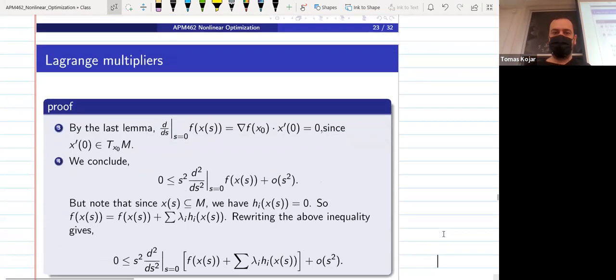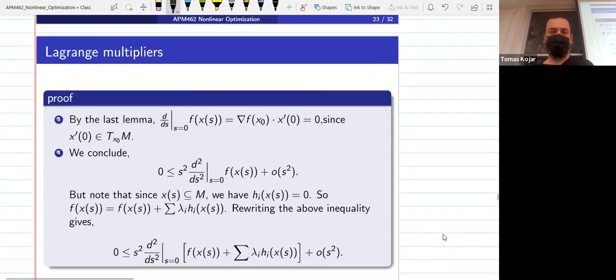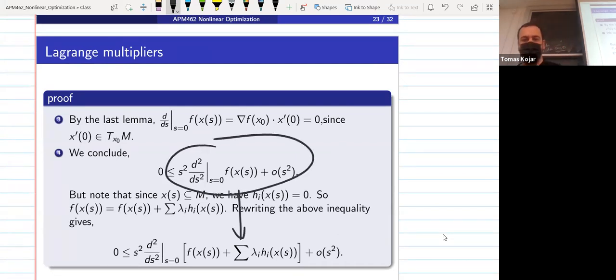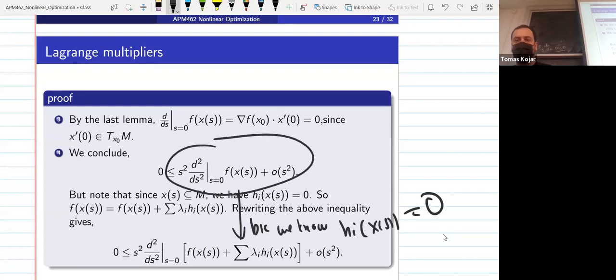We plug it in the function, so we go from here to here because we know that h_i of x of s is 0. This is just a computational trick to make our life easy in computing this double derivative.